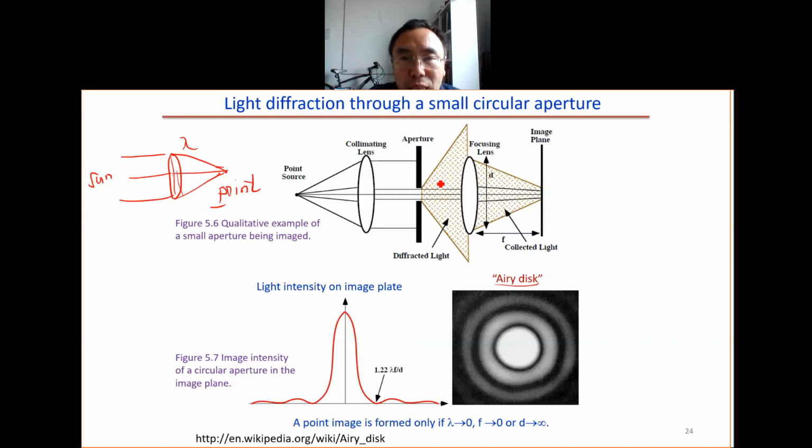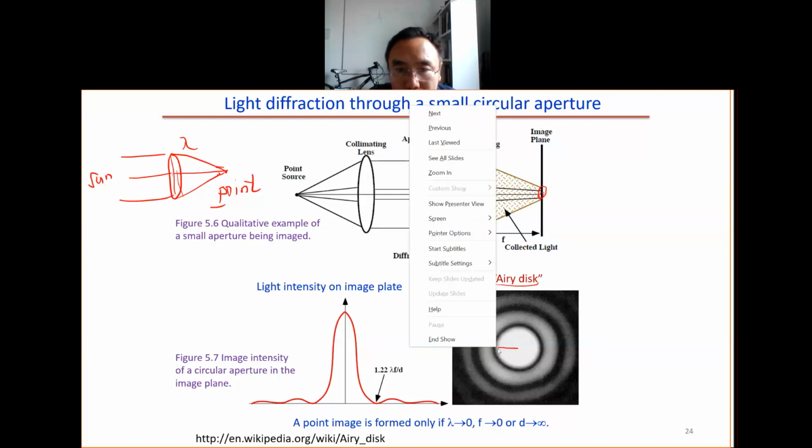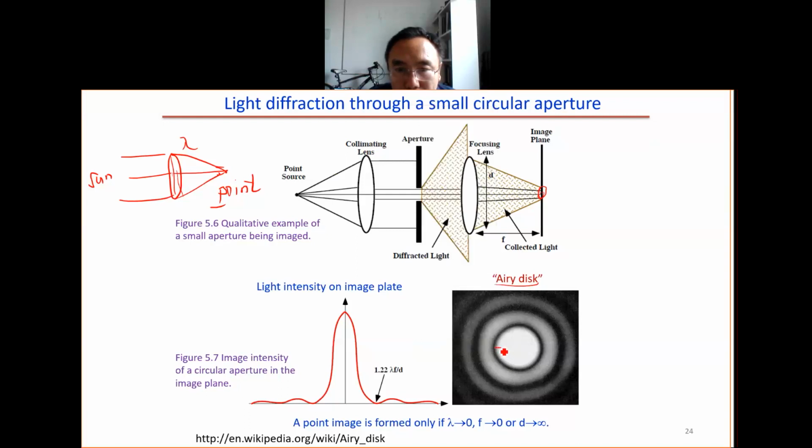The same thing is here. Here we have parallel light, so the light intensity here is given by something like this. So the radius here is given by 1.22 lambda f over d. Lambda is the wavelength, f is the focal length, d is the size of the lens.